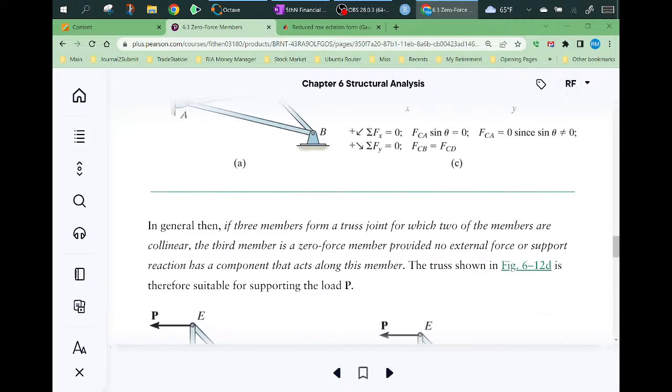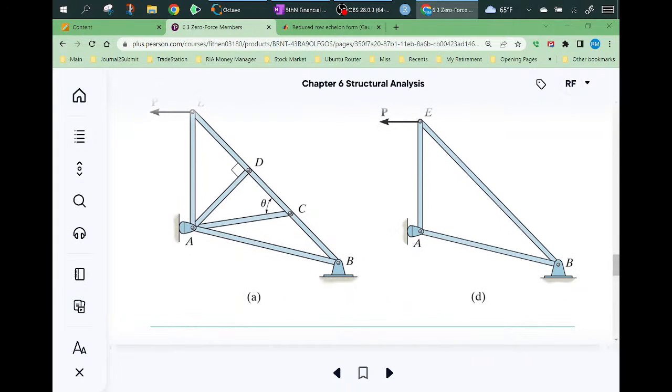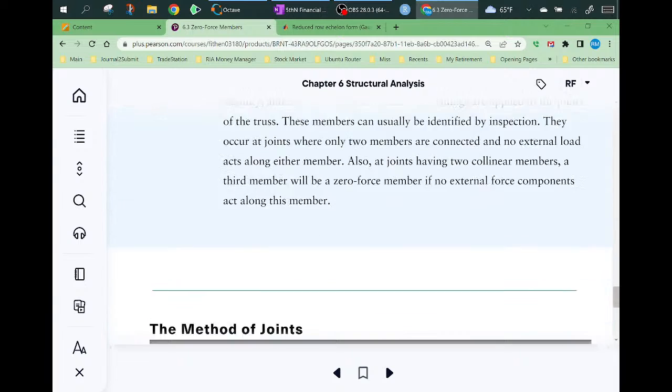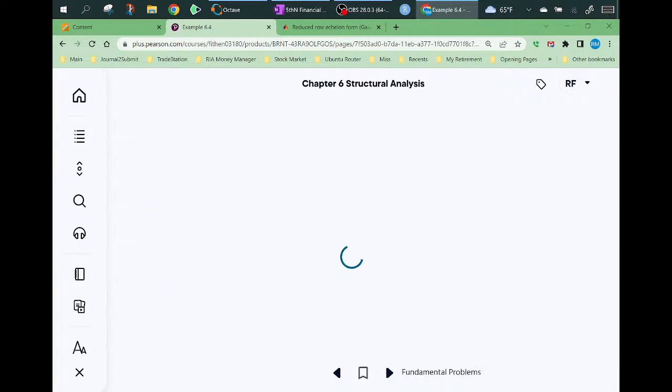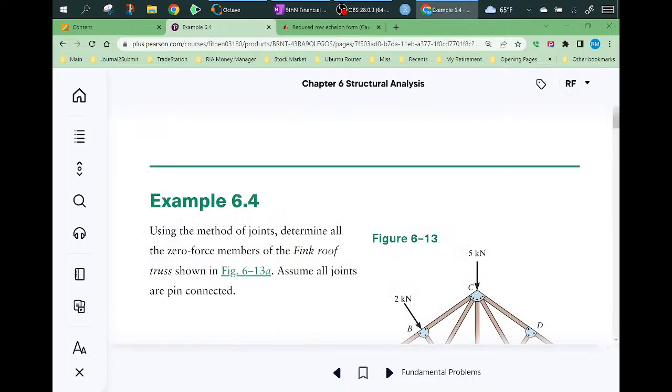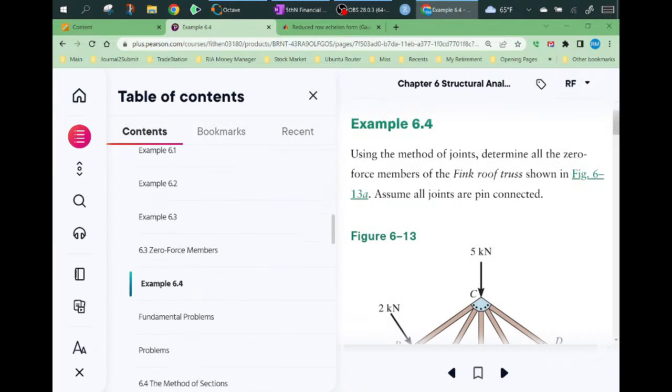So to identify the zero force members, you've got to think like a pin, so to speak. But then you think like a section. He calls them method of joints. Some books call them method of pins. That is not where I wanted to go. That's the example. I wanted to go straight to the method of sections.